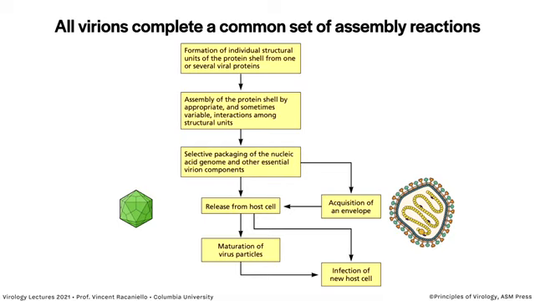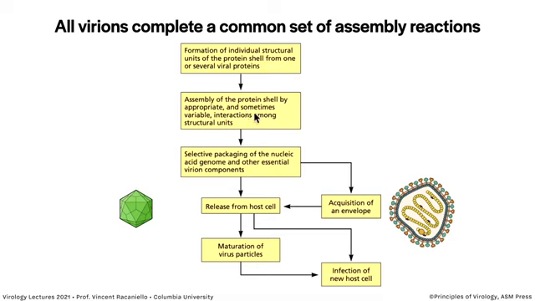All virus particles have to go through a common set of assembly reactions, and they're outlined here. First, we make the protein subunits. And then we make the structural unit from them, from one or several viral proteins. We can make a protein shell.